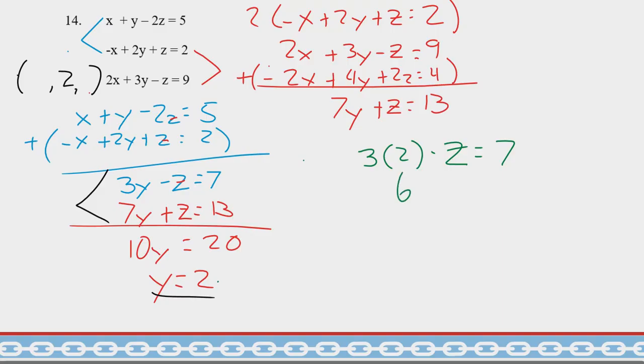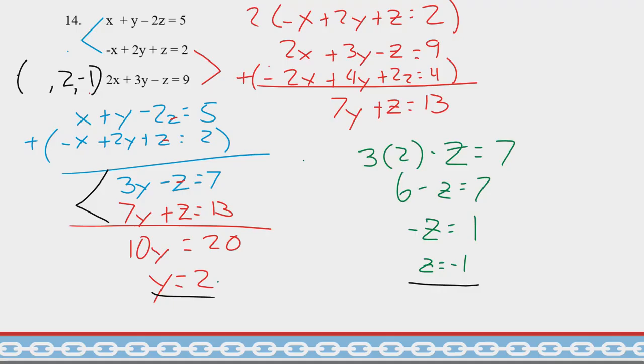So 6 minus z equals 7. If I subtract 6 from both sides, I get negative z equals 1. So z then would be negative 1. Right, so that gives me my next piece to the puzzle here. Z equals negative 1.